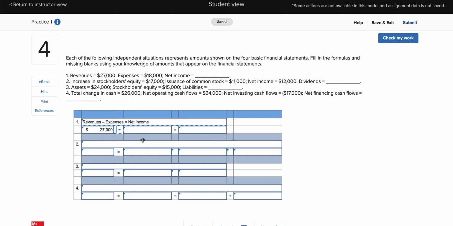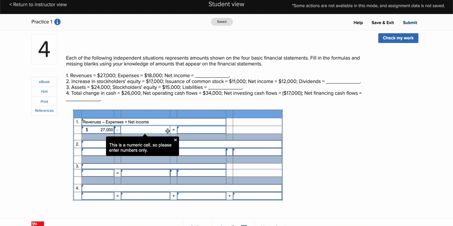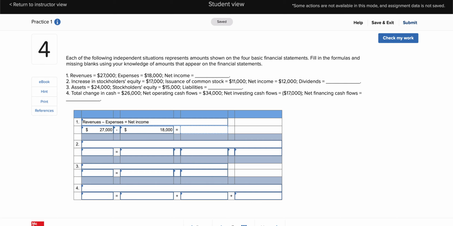So revenues minus expenses, expenses 18,000. And we see the difference between the 27 and 18 gives us $9,000.